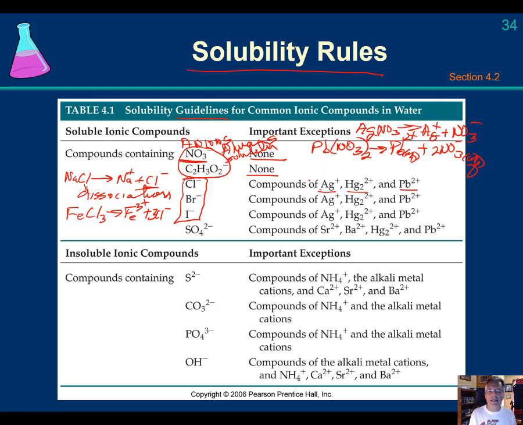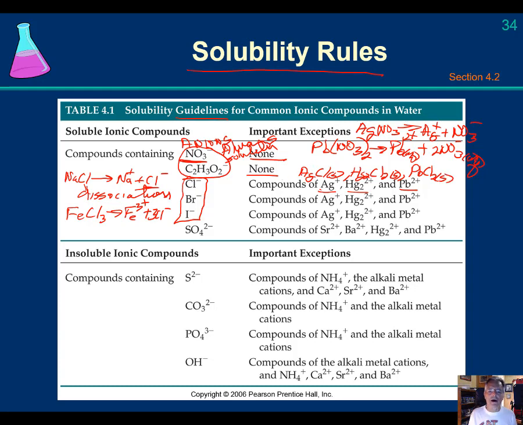So what does this mean? This means that if I have silver chloride, that's a solid. If I have mercury chloride, that's a solid. That could be a precipitate. And lead 2 chloride, that's a solid. That can be a precipitate.